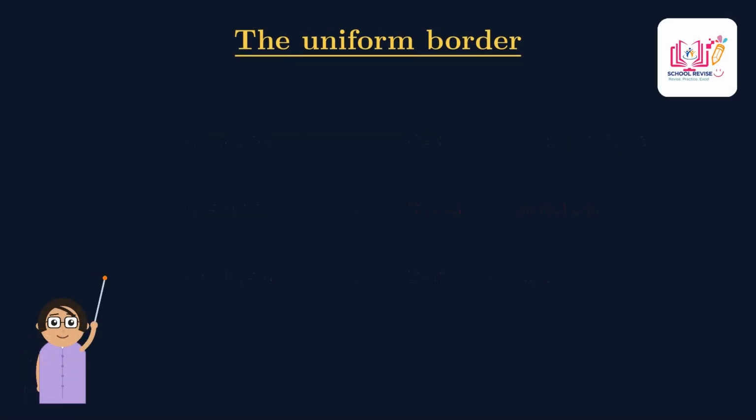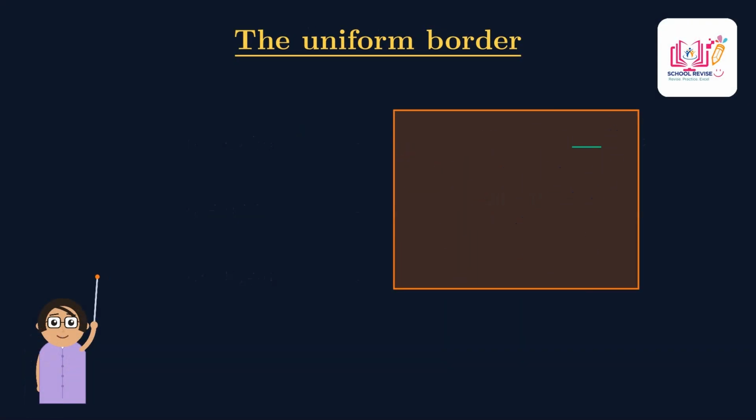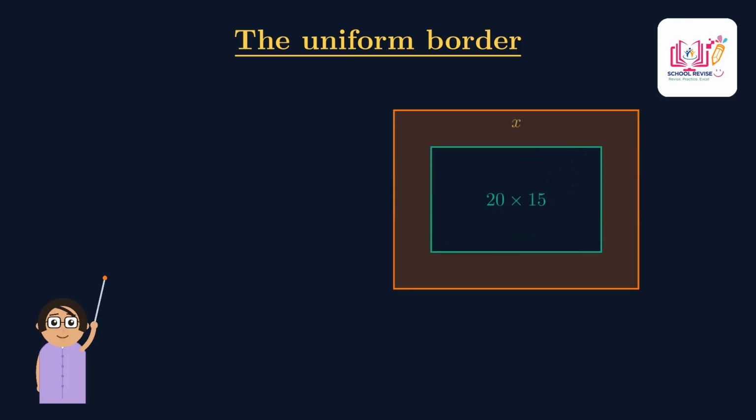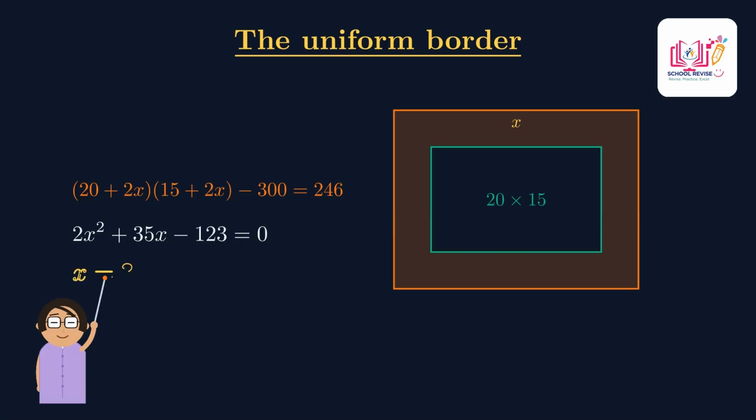One more, because this one hides everywhere: gardens, swimming pools, even photo frames. A lawn, 20 meters by 15, has a path of the same width running all the way around it. Call that width x. Step outside the lawn, and the whole thing becomes (20 plus 2x) by (15 plus 2x), because the path adds x on each side.